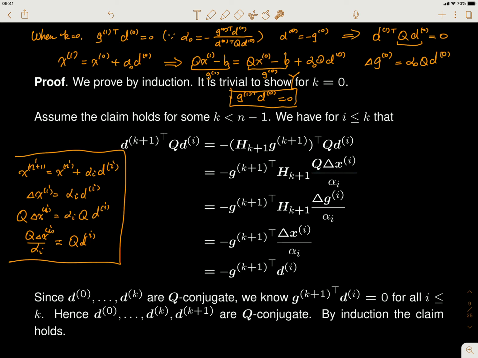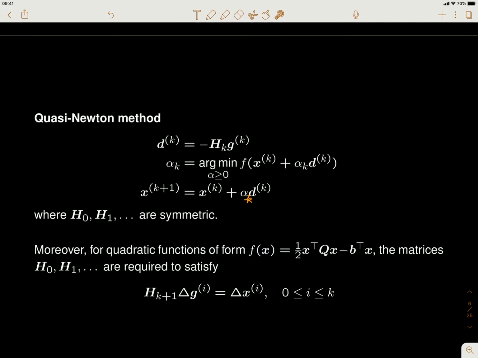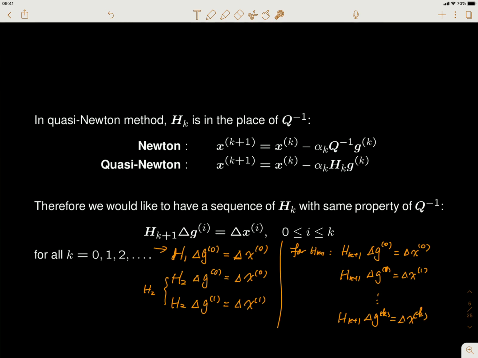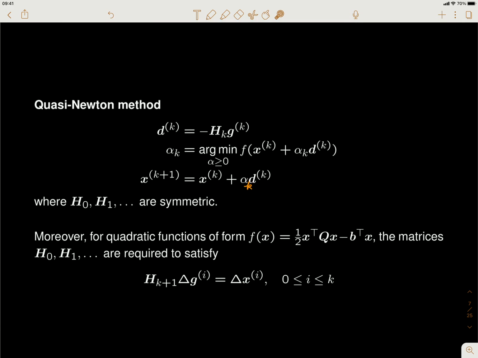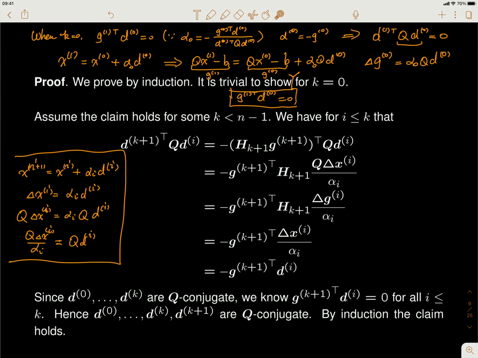Right? That's what we have been showing before. Q delta XK is always equal to delta GK. So I can replace this Q delta XI by delta GI.